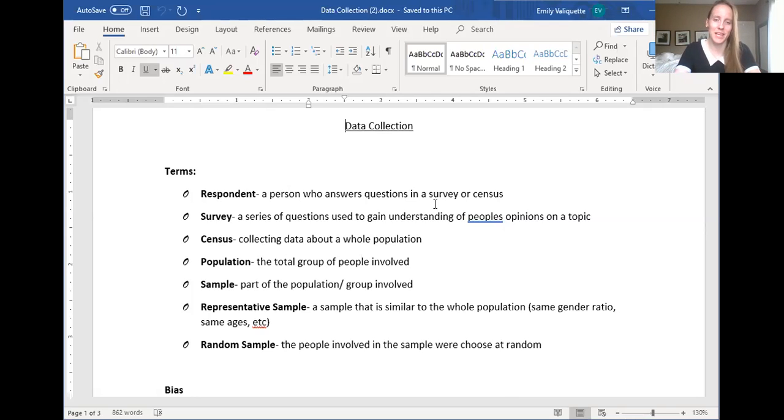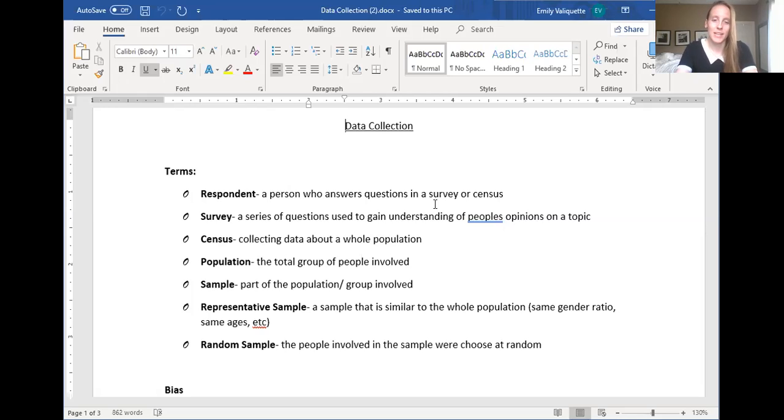A representative sample is a sample where it essentially matches the whole population. So it has the same gender ratio as the entire population and the same age ratios as the entire population, that sort of thing.